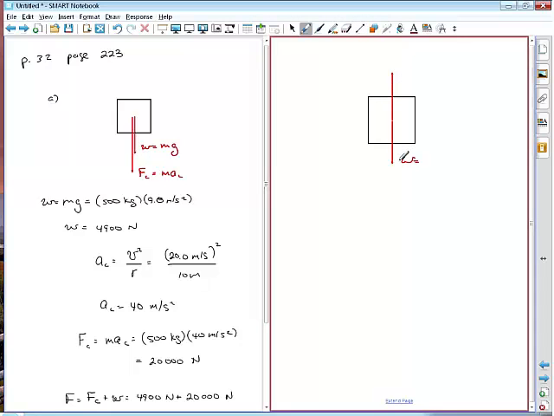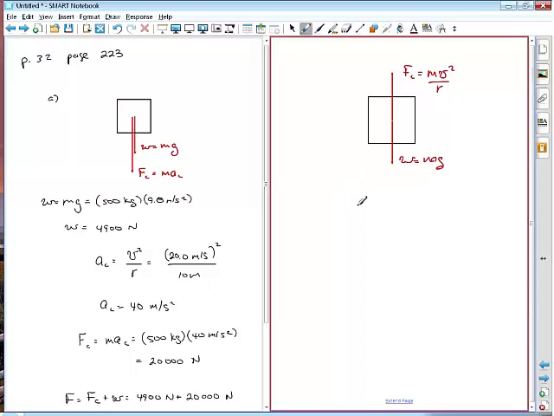Again, the weight is mass times gravity. The centripetal force is mass times velocity squared over r. And at this point, when they're equal to each other, the vehicle, according to this problem, is just staying on the track.